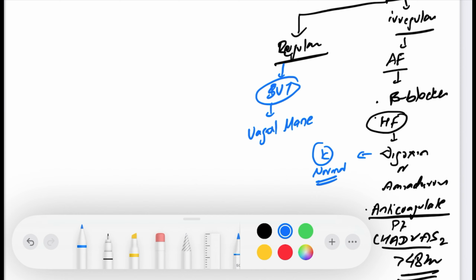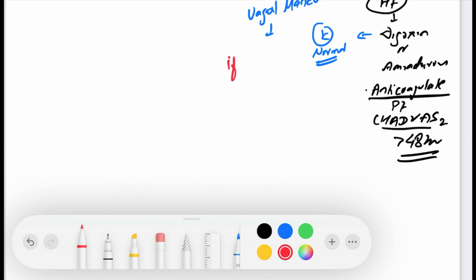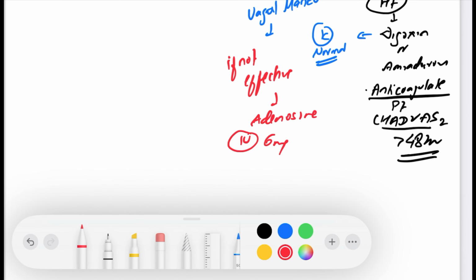If the vagal maneuver is not effective, then you can give IV adenosine, 6 mg. If not effective, you can go to 12 mg.